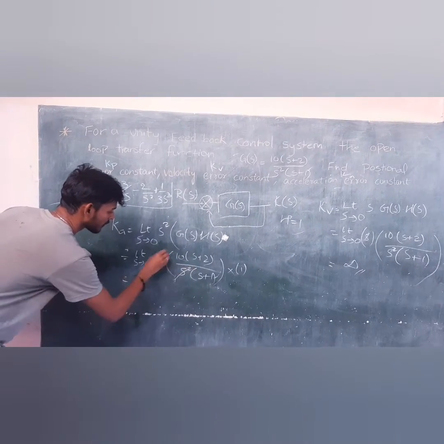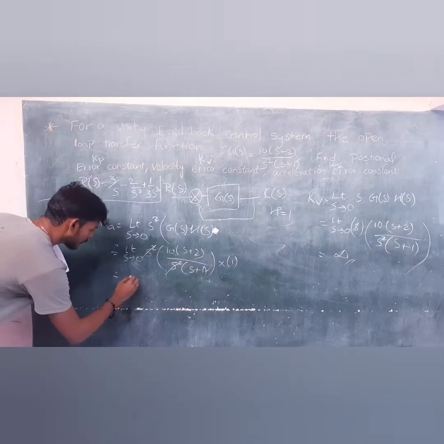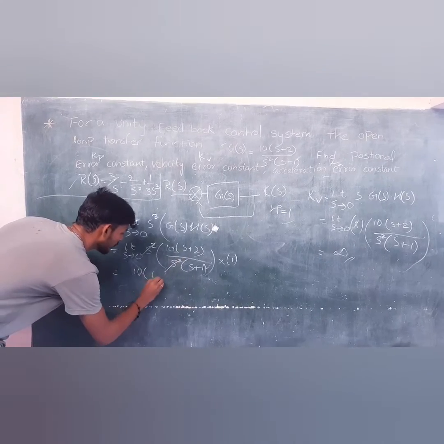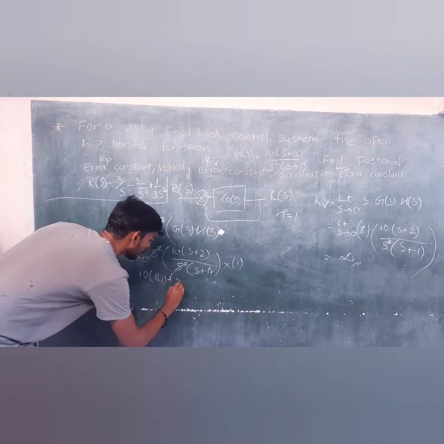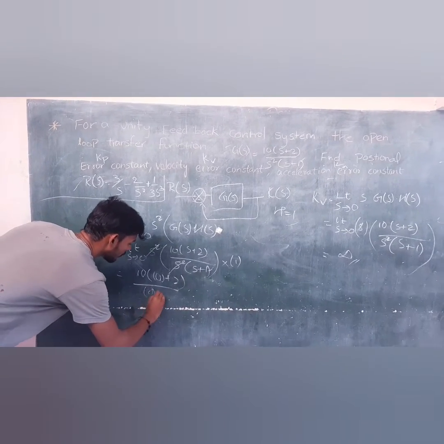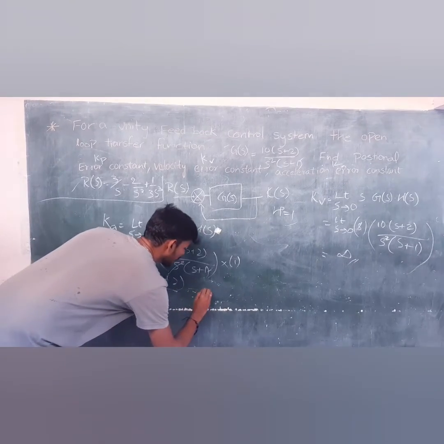So s² will be cancelled, and we substitute in the limit. The final output will be 10(0 + 2) / (0 + 1), which equals 20.